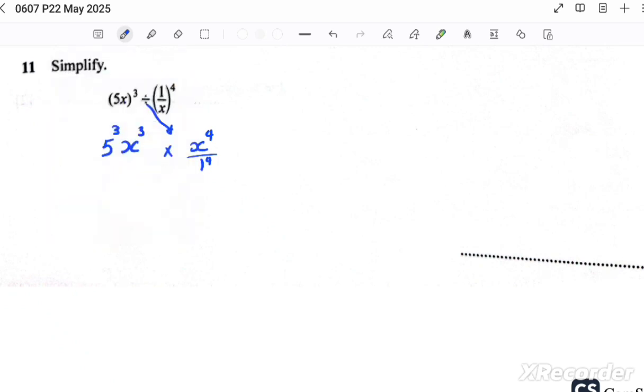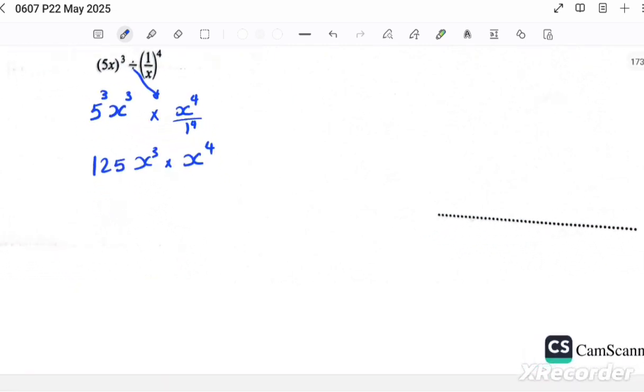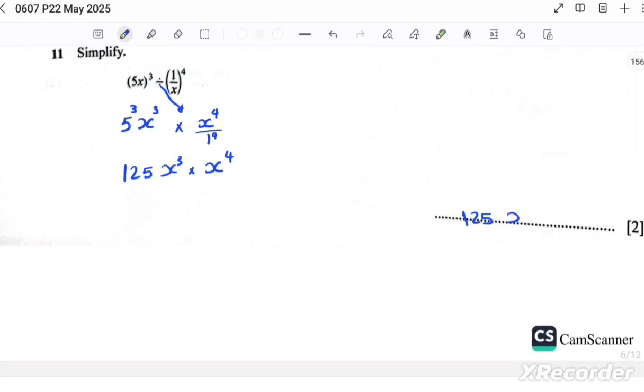So the answer is 125x cubed times x to the power of 4. So the answer now is 125. In case of multiplication, we add the indices, so it will be x to the power of 7.